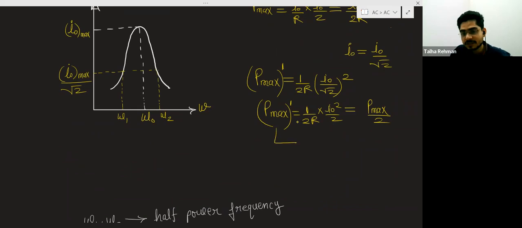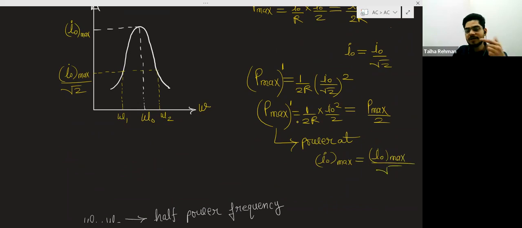This is the power at current I naught max divided by root 2.